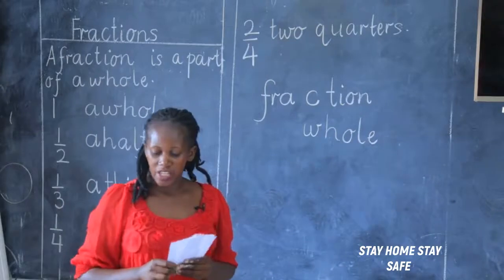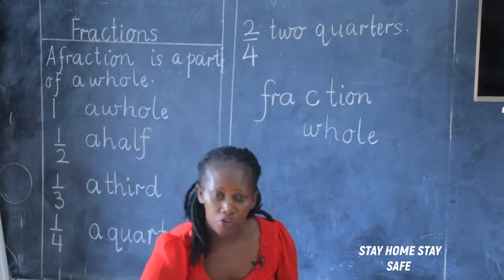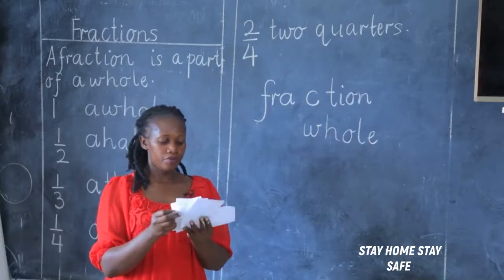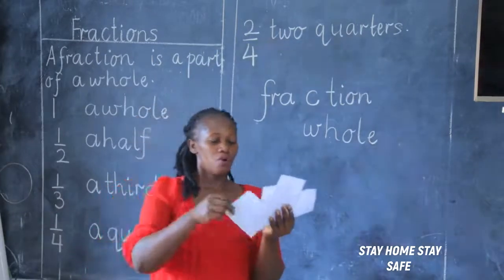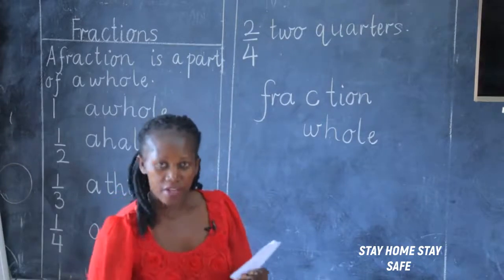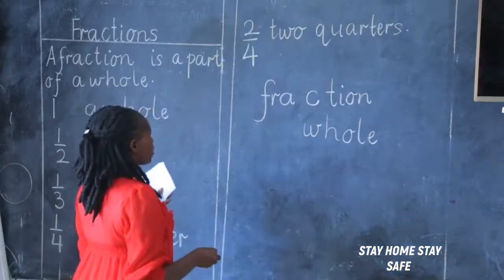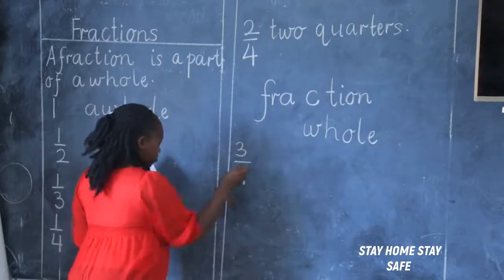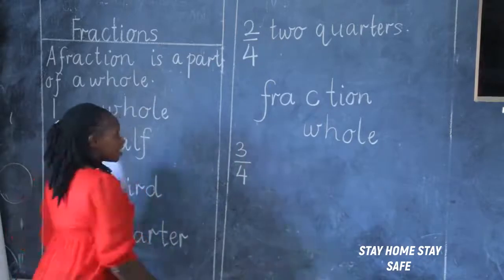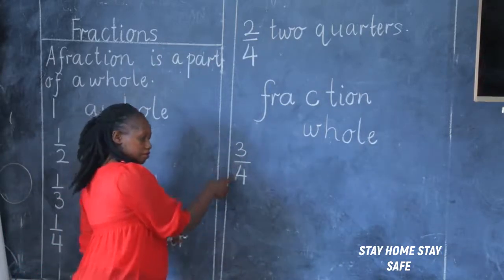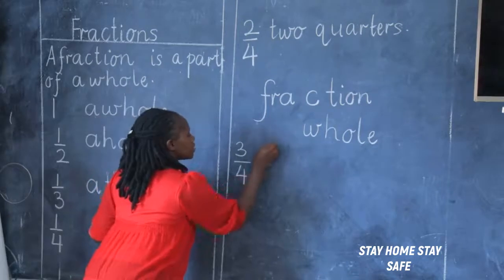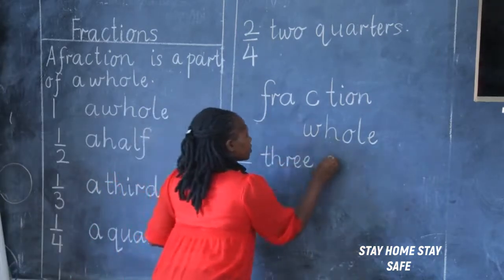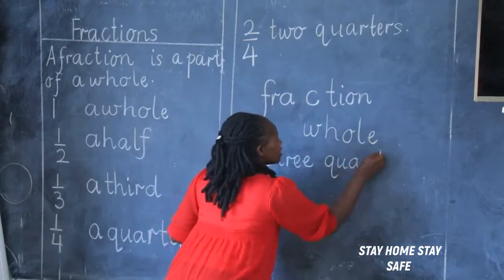If I have 4 still, and I give out 3, 1, 2, 3, I have given out a fraction of 3 out of 4. And when we are naming it, these are 3 quarters.